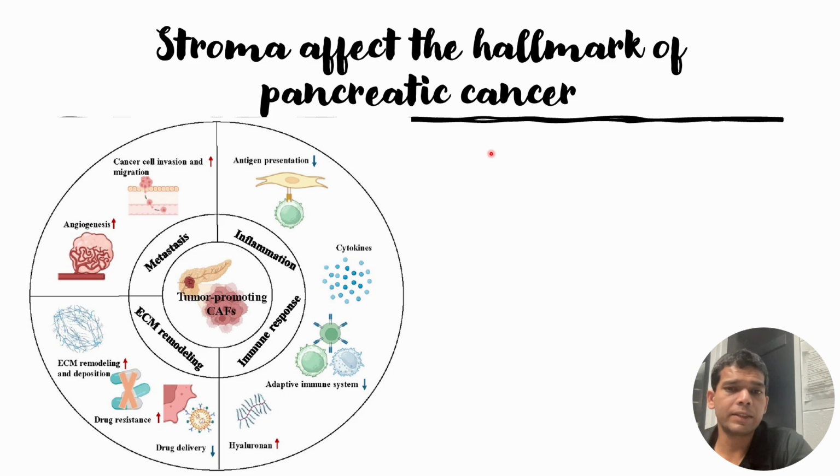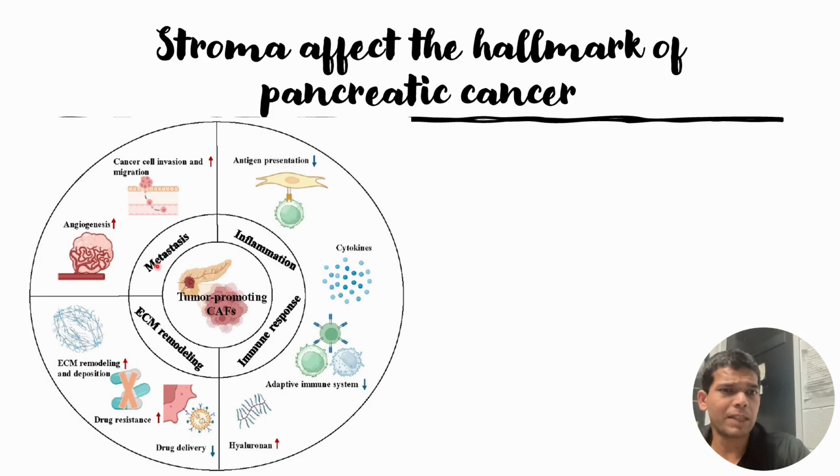not only acts as a passive barrier to prevent the tumors, but it also plays an active role towards tumor proliferation and inflammation. How it plays a major role, we discuss through its impact on the hallmarks of pancreatic cancers. So the tumor-promoting cancer-associated fibroblast helps in metastasis.